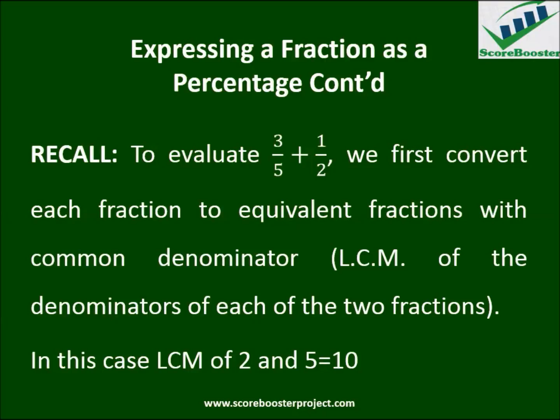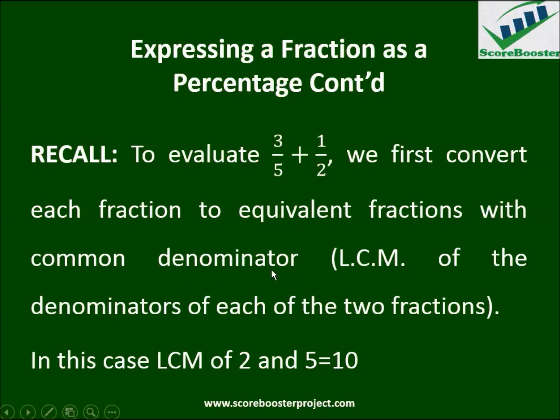So let's refer to some of the previously explained concepts under fractions for better understanding of this concept. So if you could recall from the previous video on fractions, in order for us to evaluate 3 over 5 plus 1 over 2, for instance, we first converted each fraction to equivalent fractions with a common denominator.